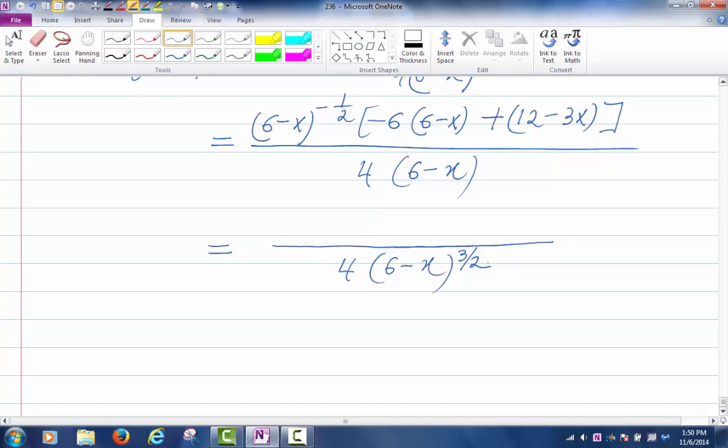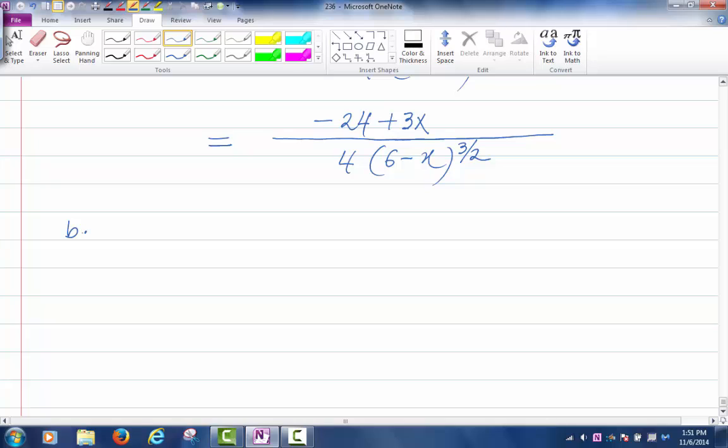And now, on the numerator, what I'm going to have is whatever I get from the quantity inside the brackets, and what I have there is what? Minus 6 plus 6 minus x... minus 36 plus 12 is negative 24, and then I have plus 6x minus 3x, so that would be plus 3x. Are we okay with that? So that's the second derivative, okay?